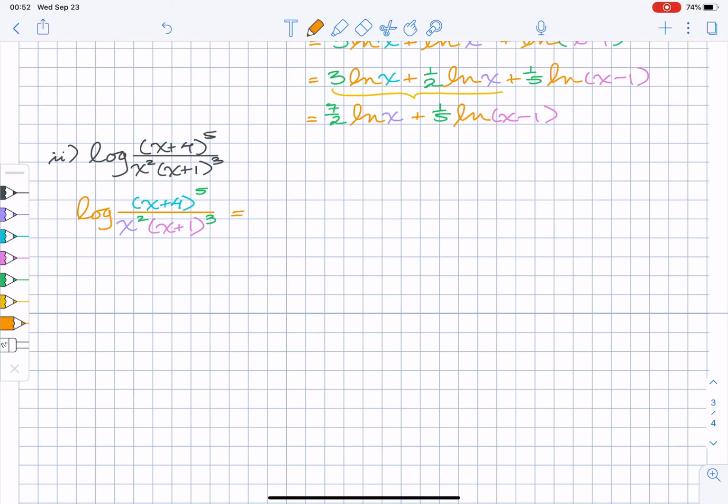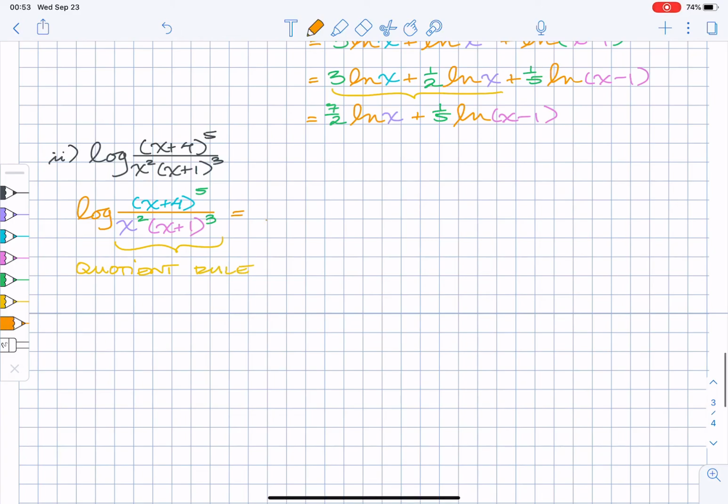Okay, so the first thing that's most evident is the quotient. So I'm going to use the quotient rule, meaning top minus bottom.